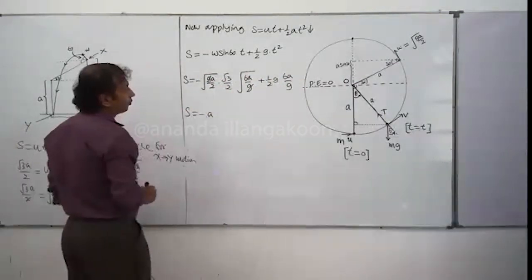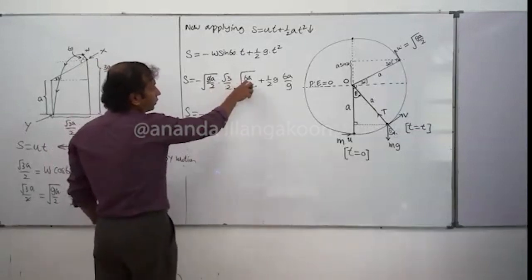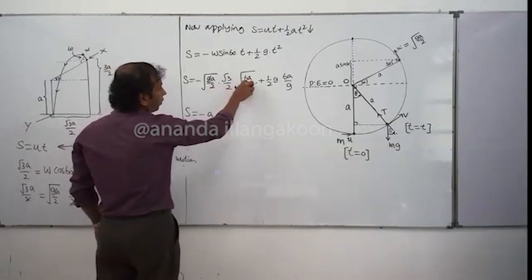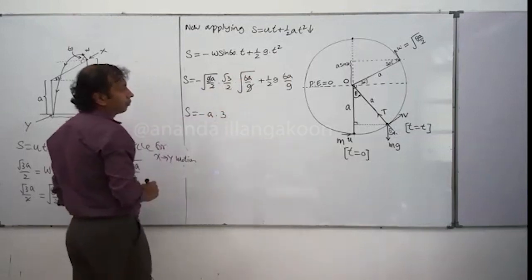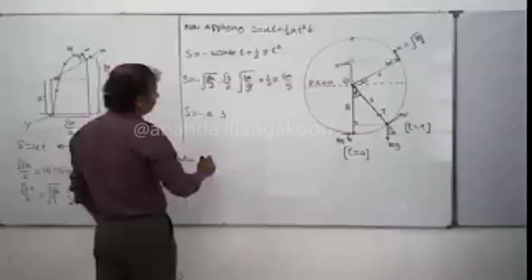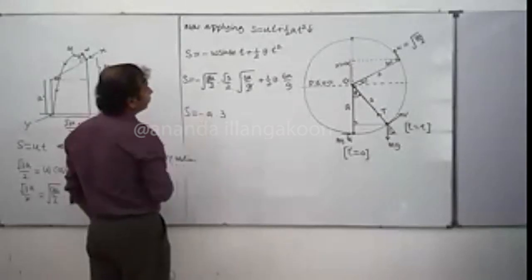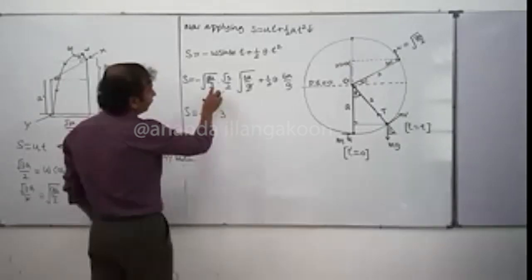Right? And this root 2 and this root 6, we can cancel down. We get root 3 here. That root 3 and this root 3 make 3. Another 2 here we have.